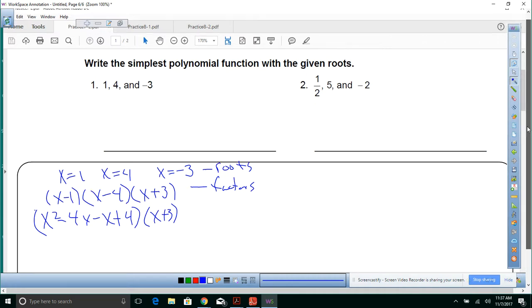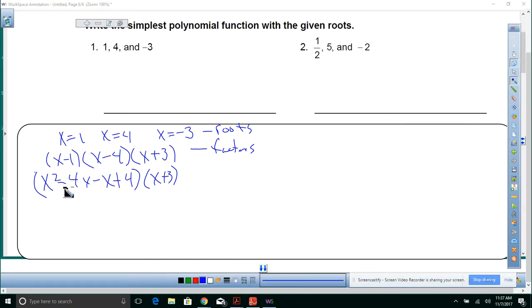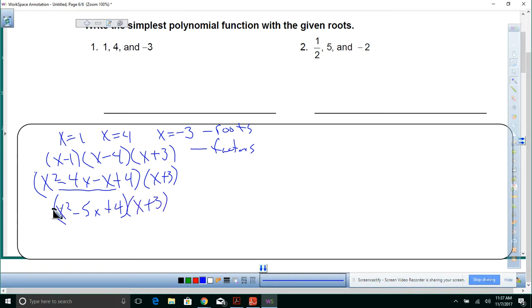So the next thing we want to do is combine these right here, and we get x squared minus 5x plus 4. And we want to multiply that times x plus 3. So x squared times x is x cubed, plus 3x squared, minus 5x squared, minus 15x, plus 4x, plus 12.